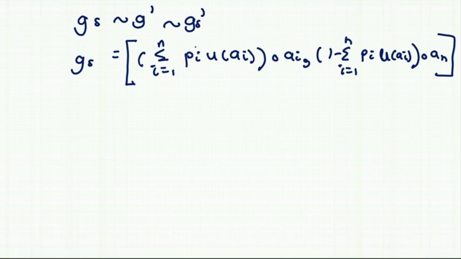Or we can also say that G_S is actually this, in a square bracket, this as a composite of outcome a_1, and also this as a composite of outcome a_n. Alright, now next.